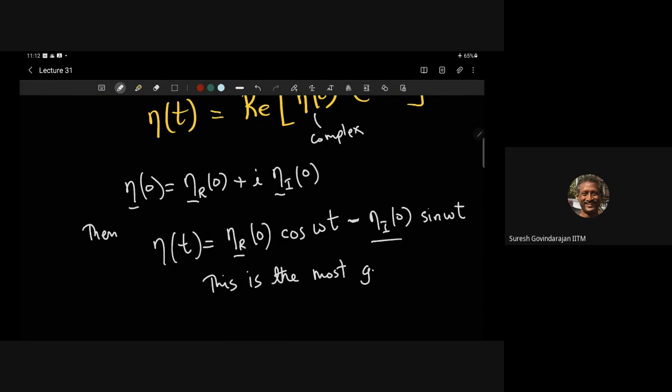I don't need to take omega 2 minus omega. Of course it will depend on the value of omega, but that's for later. Is this point clear?